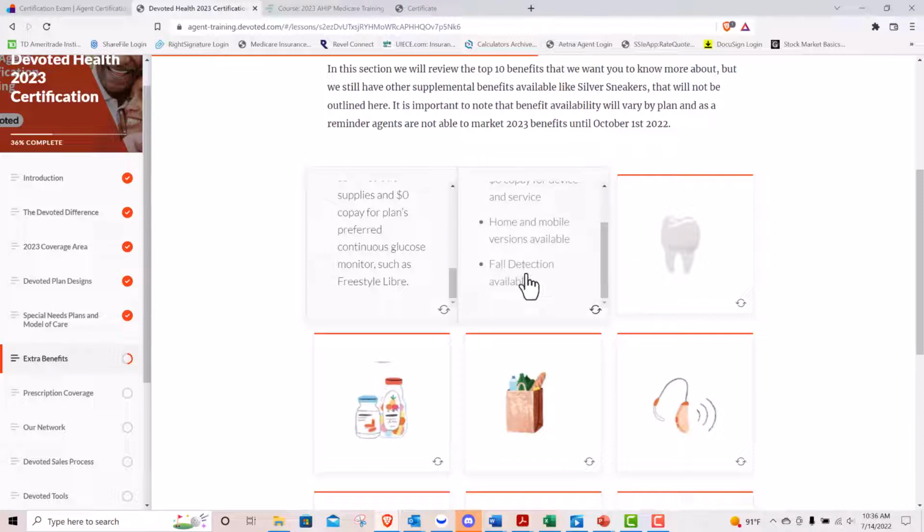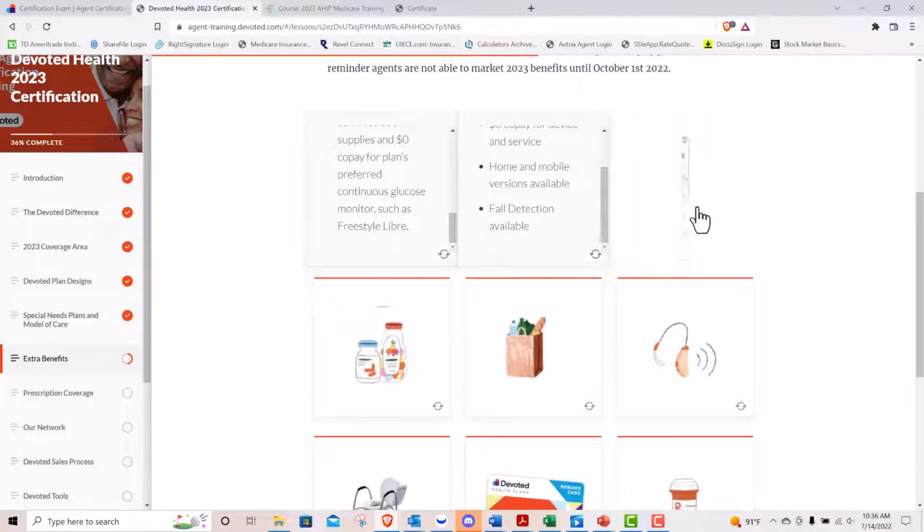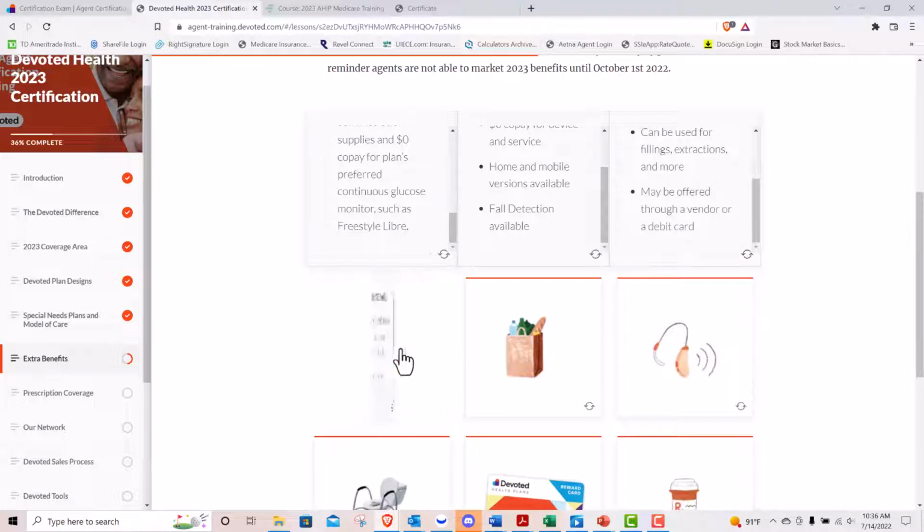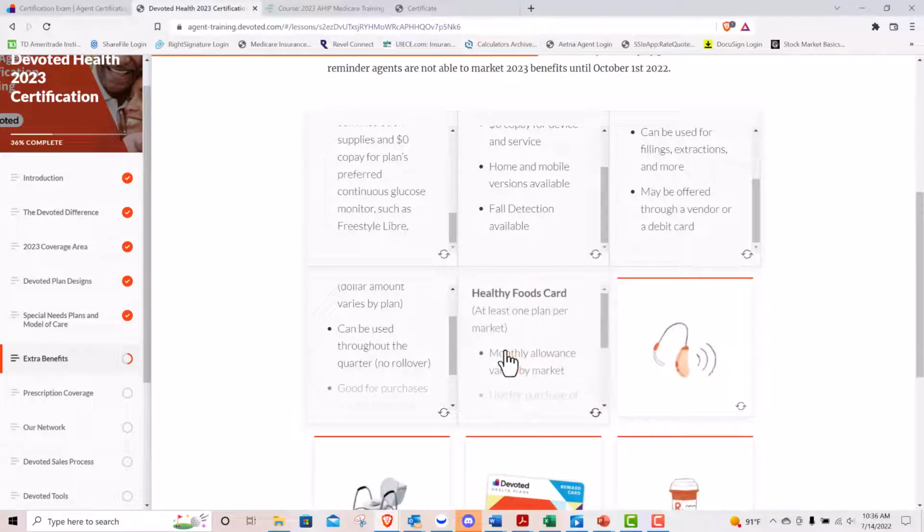Free medical alert. Oh. Competitive dental allowance. OTC. Quarterly like we normally see. And oh look, looks like you can do it in-store at CVS or online. No rollover. It's pretty common.